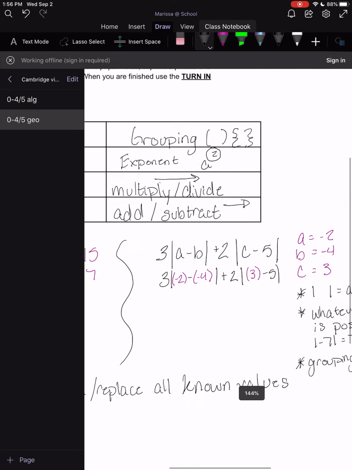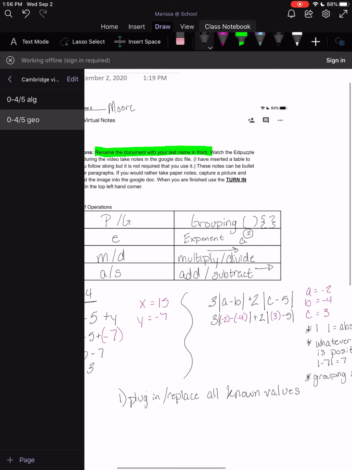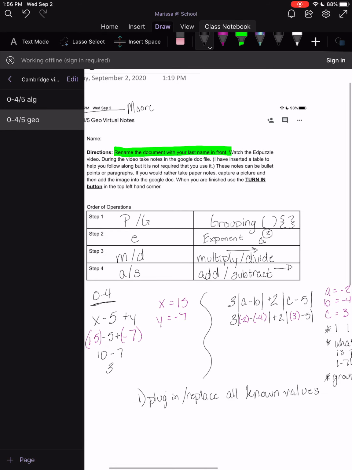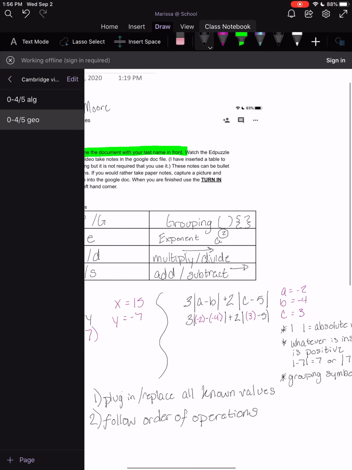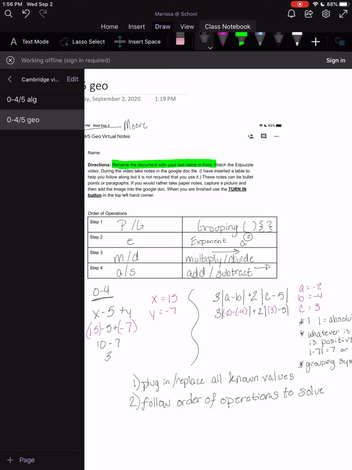Okay, so if I'm looking at PEMDAS, I'm going to follow the PEMDAS rules. So that's my second step, is follow PEMDAS to solve. So follow the order of operations to solve. Once I'm done, I'm just going to follow these order of operations to be able to solve my problems.